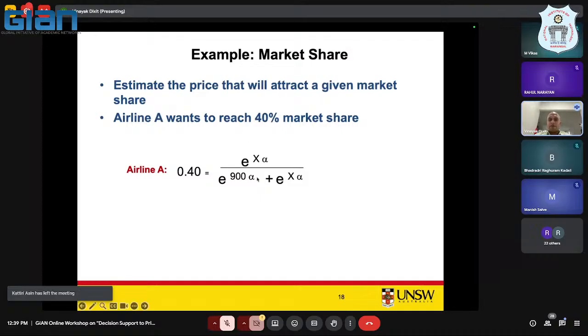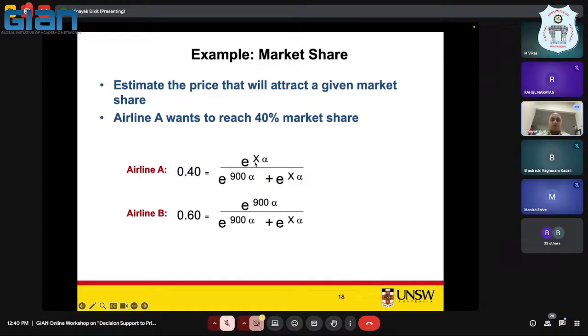I know my alphas now, and I know that airline B is charging $900. So what price should I charge to get 40%? This is the equation we are going to solve: log of 0.4 divided by 0.6 multiplied by x minus 900 divided by alpha.